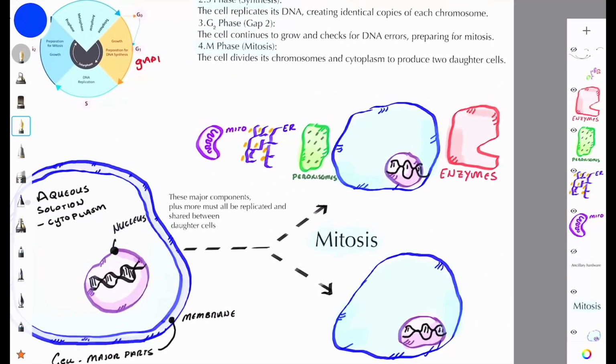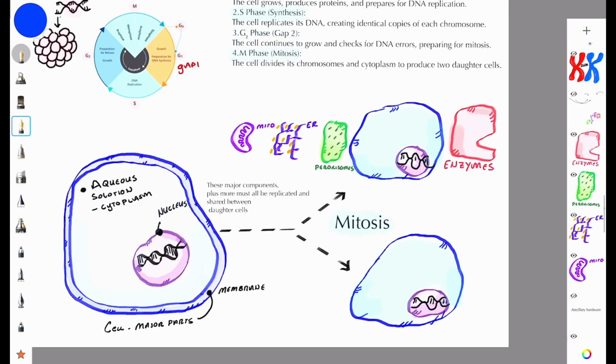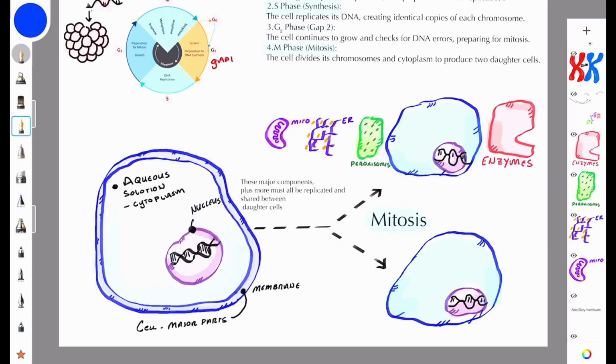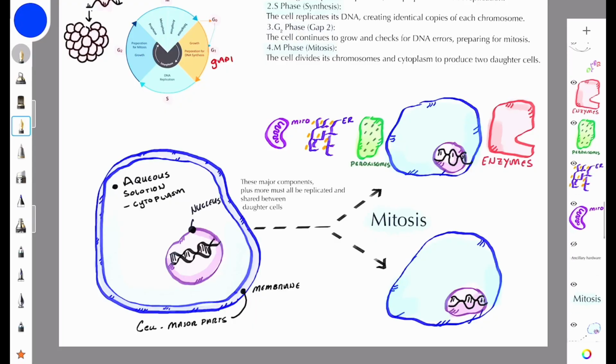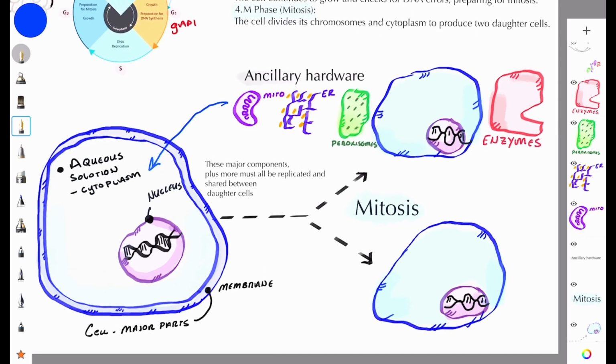We have to put enzymes in there, or the cell won't be able to eat. We need all of these enzymes in there so that when we have sugar or fat or proteins or whatever, the cells can metabolize them and create energy. So these ancillary components, that's what I'm calling them, ancillary hardware, these organelles, they have to be created here in order to be placed equally in the daughter cells.